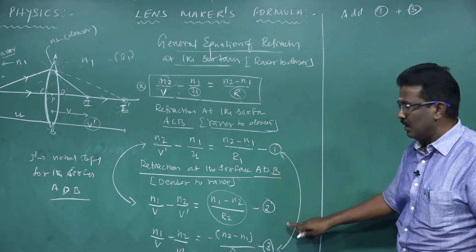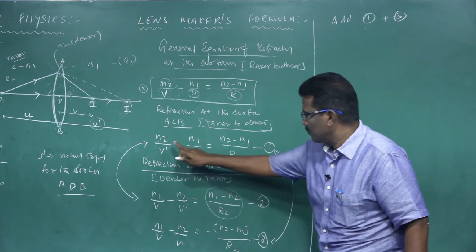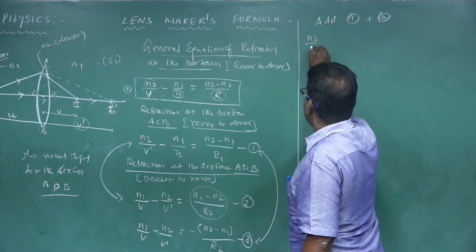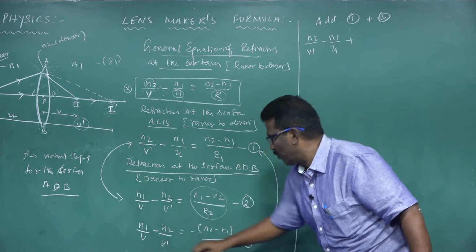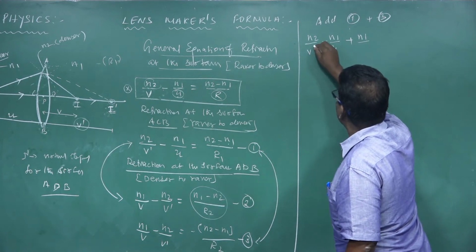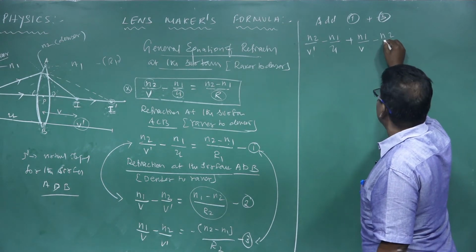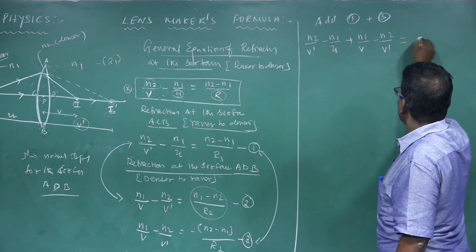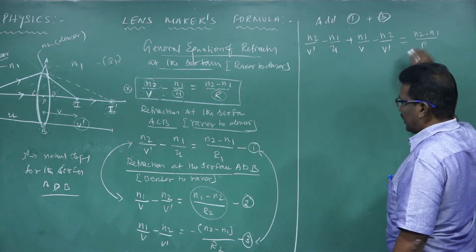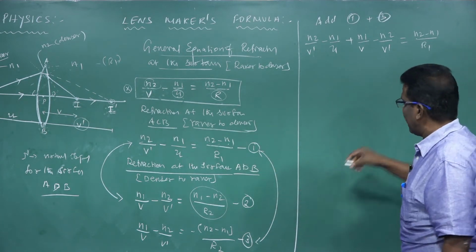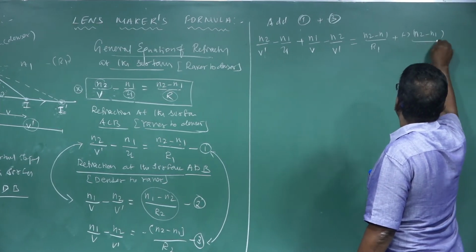N2 by V prime minus N1 by U plus N1 by V minus N2 by V prime is equal to, now add, N2 minus N1 by R1, now add N2 minus N1 divided by R2.